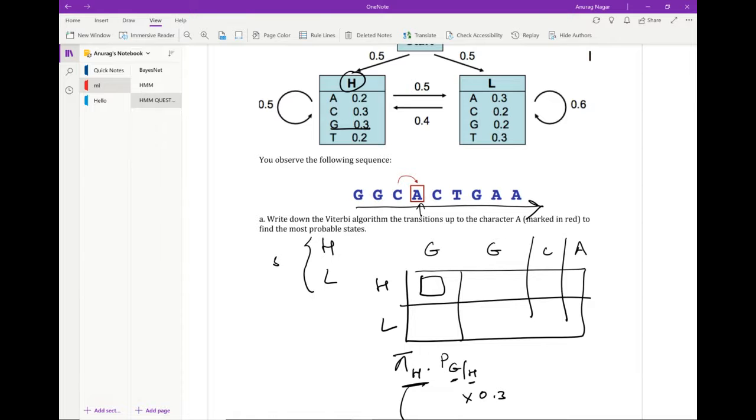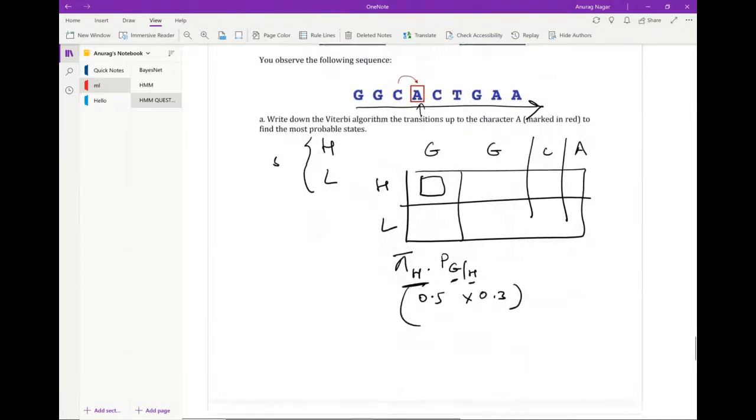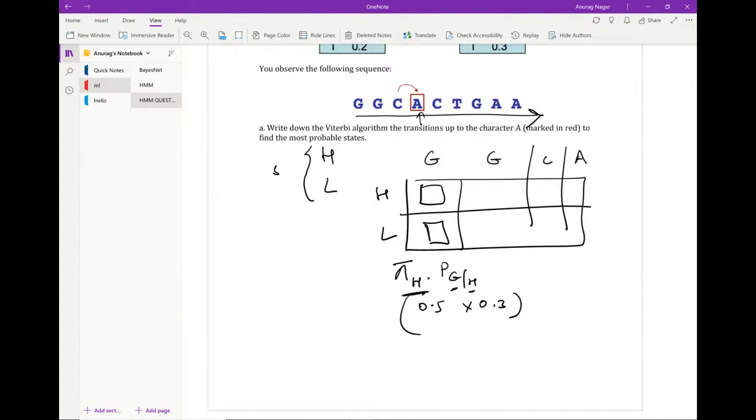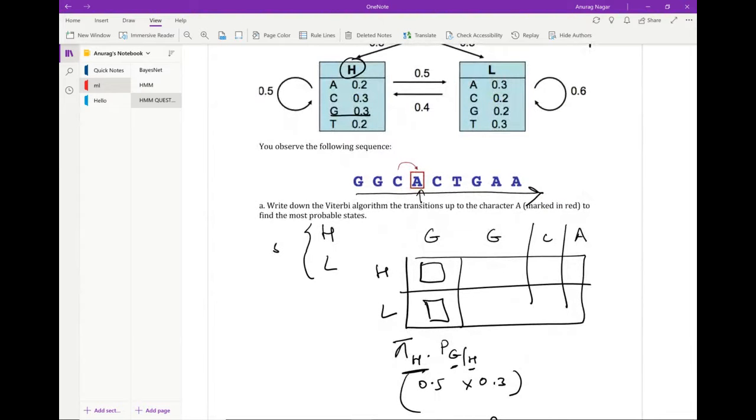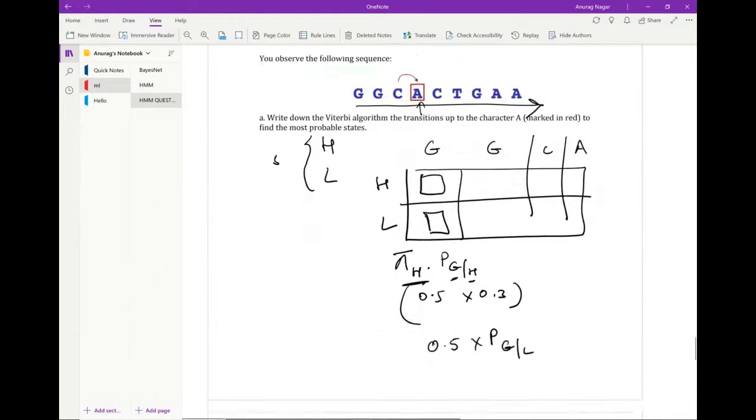You can say this is 0.5 multiplied by 0.3. Now what is this one here? This one will be 0.5 multiplied by the probability of G in L state. G in L state is much lower, 0.2.